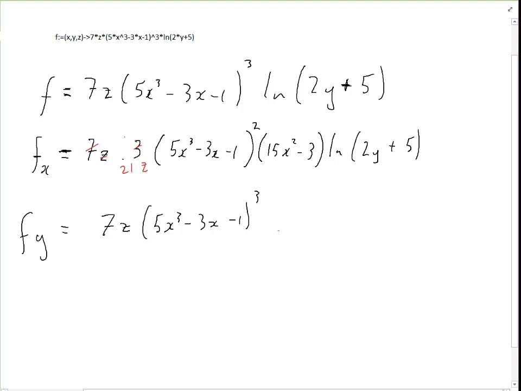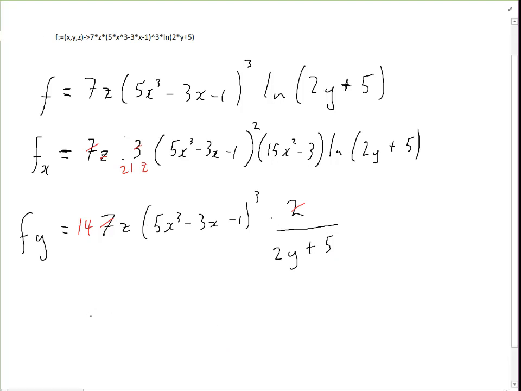So 2y plus 5 here, that's the 1 over this. But then you have to multiply by the derivative of this, which is, in this case, just 2. So when we simplify this, you have 14 here. So it would be 14z times this bracket divided by 2y plus 5.